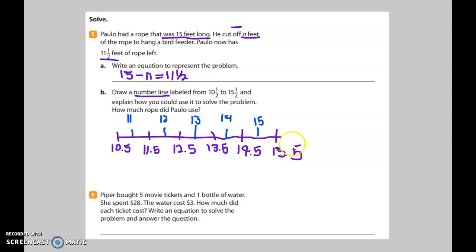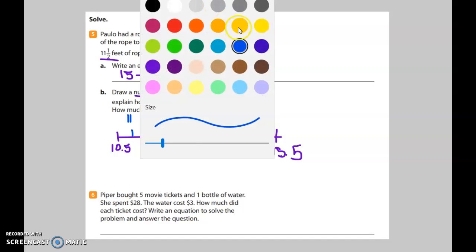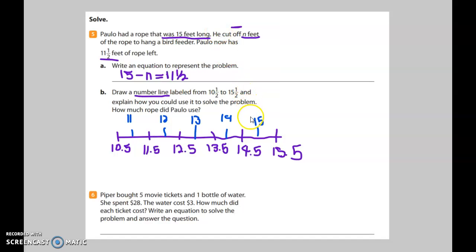So I can count backwards starting at 15. If I go from 15 to 14, that's 1. I'm going to use a different color again. I get confused between using the same colors. So this is 1 jump, 2 jumps, 3 jumps, and a half.